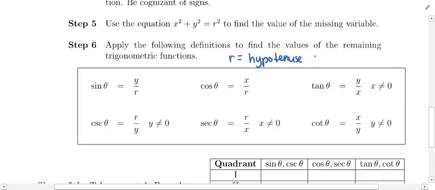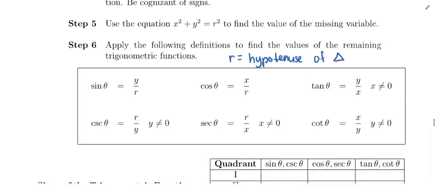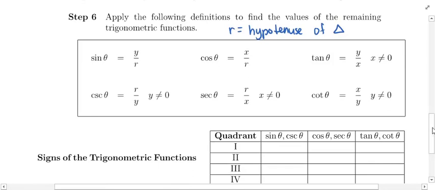This might be a little abstract for you, but just remember, using this box means you're using your right triangle definitions. Remember that sine is the opposite over the hypotenuse. Cosine is the adjacent over the hypotenuse.